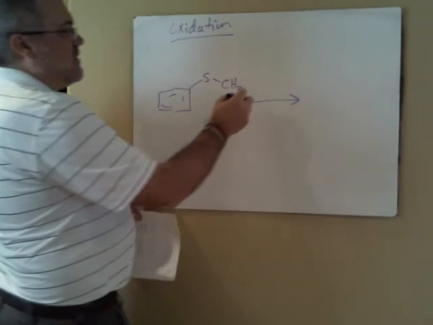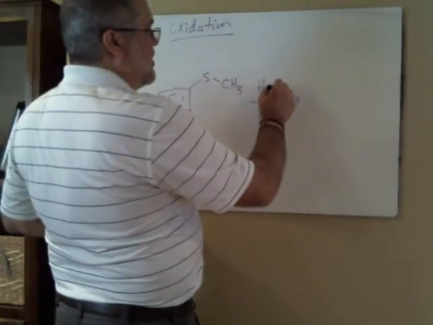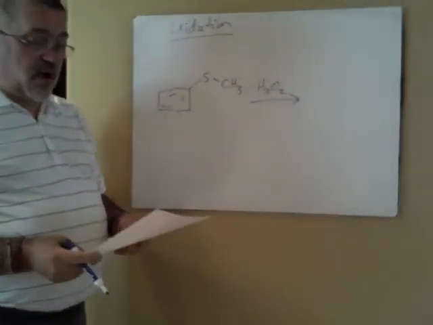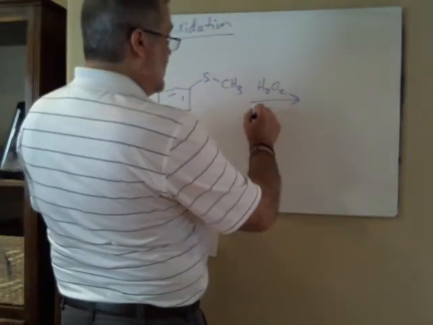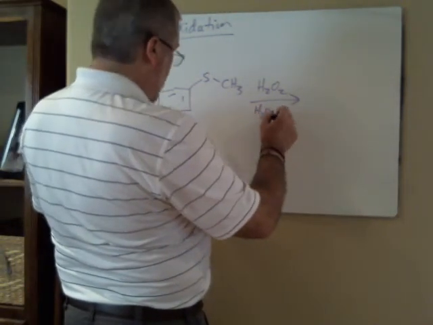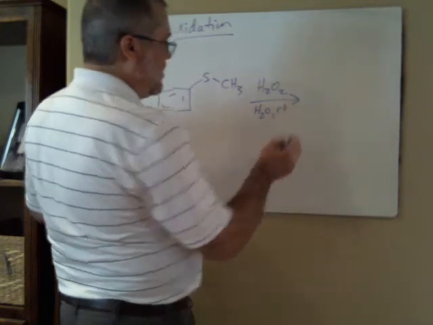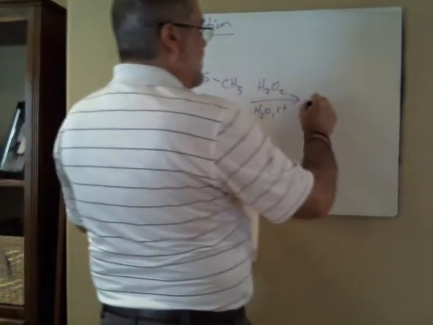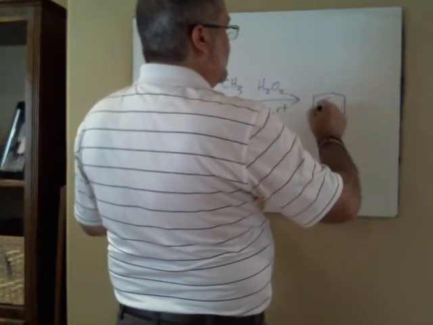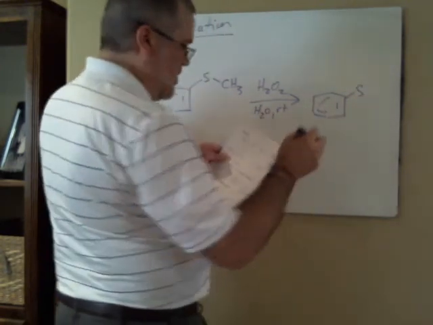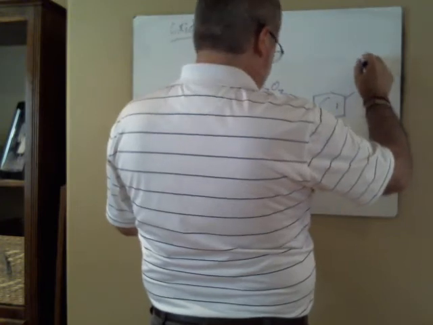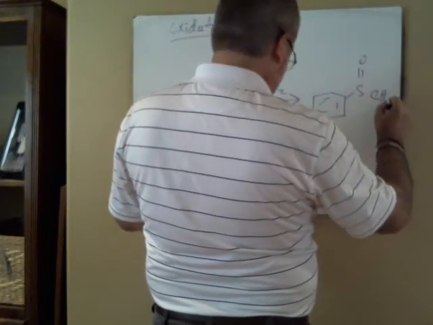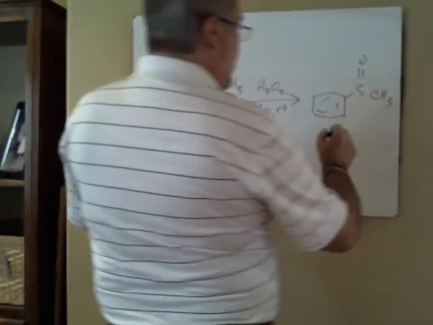So when I take this and oxidize it, I can take something like hydrogen peroxide, which is almost always aqueous, and this will happen at room temperature. So peroxide treated with a sulfide will actually oxidize this to the sulfoxide.